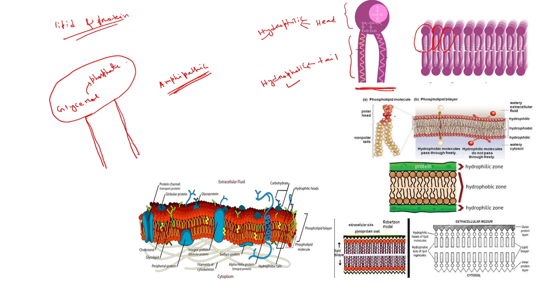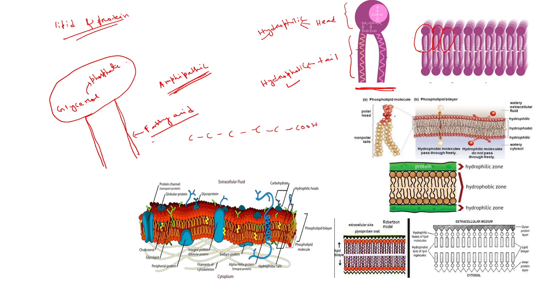What is this tail part? These are called fatty acids. Now what is a fatty acid? A fatty acid is simply a chain of hydrocarbons, and at the last part the COOH group is attached. So this is called a fatty acid.